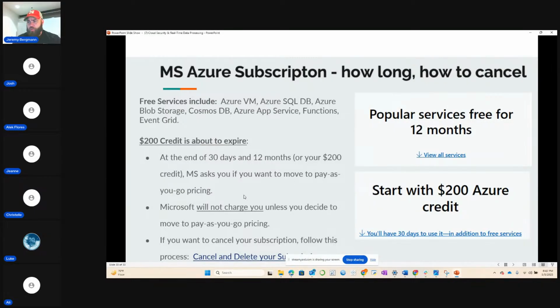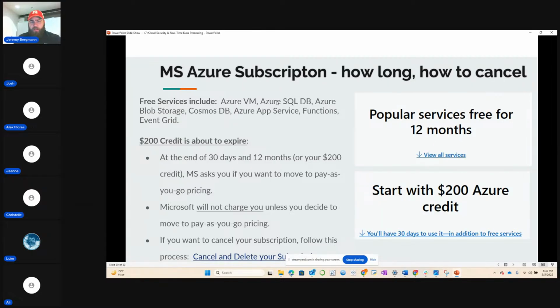You probably don't want to do that because you'll continue to get charged for what you've done in Microsoft Azure. They say they will not charge you unless you decide to move to pay-as-you-go pricing, and you could always cancel and delete your subscription. So you have 30 days to use that $200 in Azure credit. So it's coming up right here at the end.